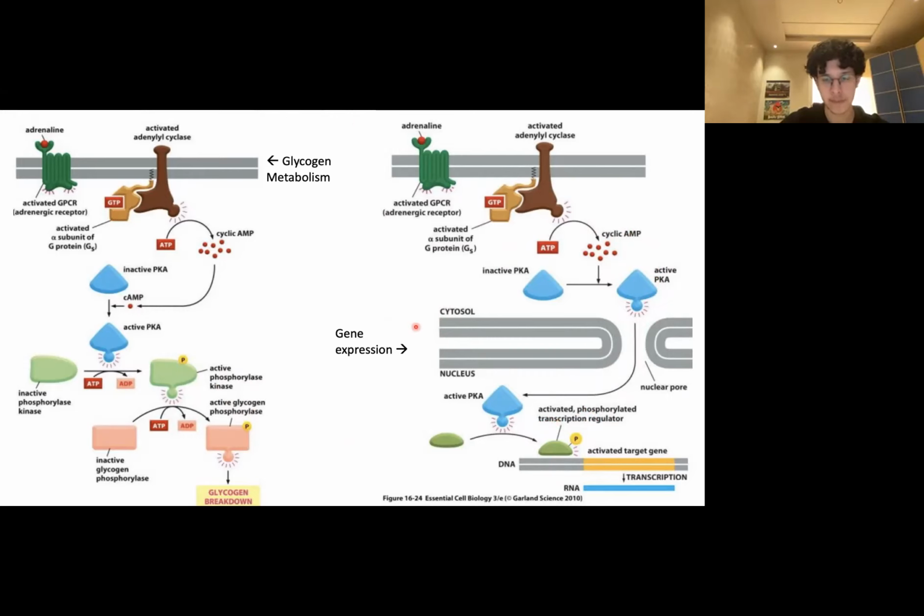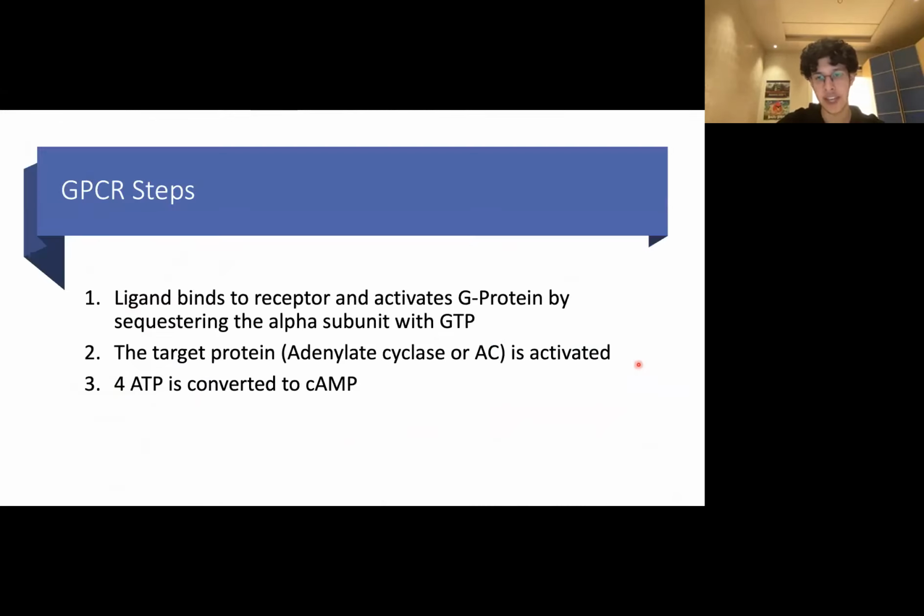All right. Now, I know this is difficult, which is why I have everything in words, because words are important. So if you're still having issues, go through these words, it'll make your life easier. So the ligand will bind to the receptor, and that activates a G protein by sequestering the alpha subunit with GTP.